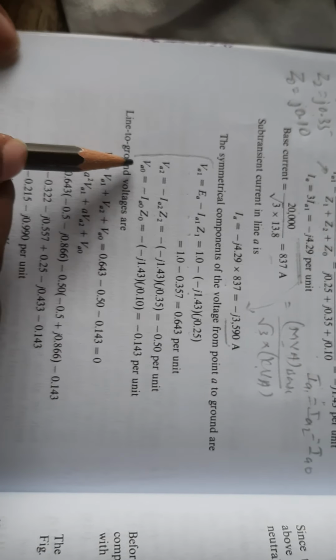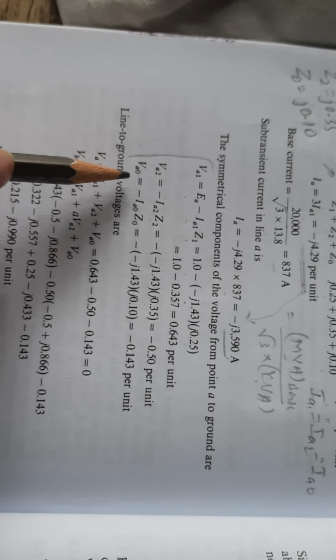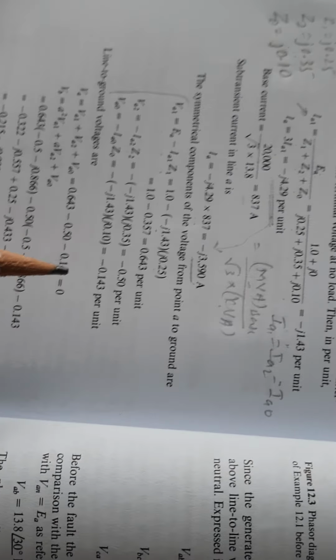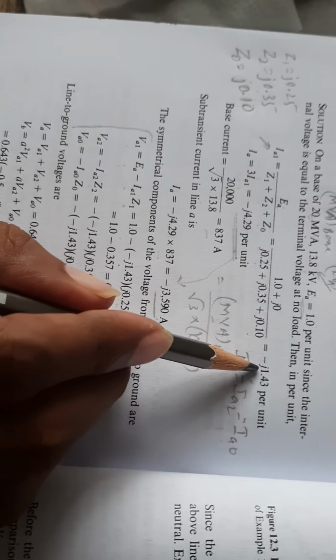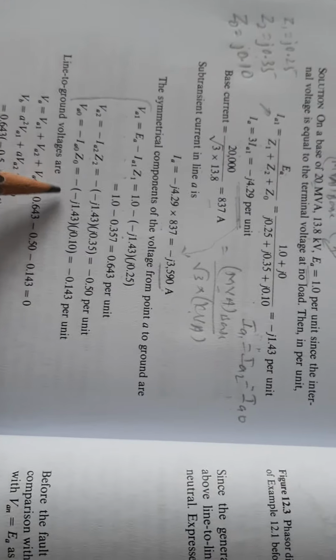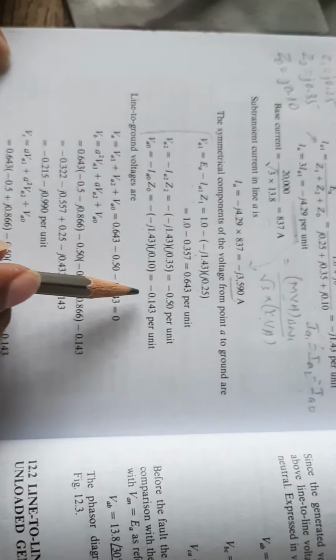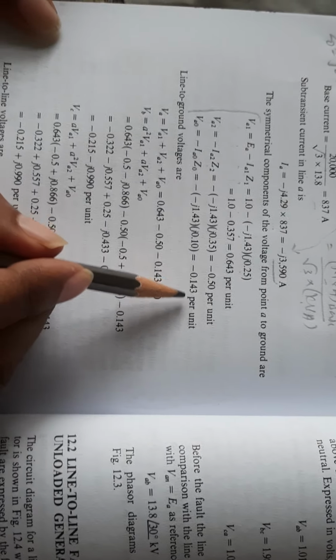Now the zero sequence voltage, VA0, is minus IA0 Z0. IA0 is the same, minus j1.43, into Z0, which is j0.1. So I get minus 0.143 per unit.